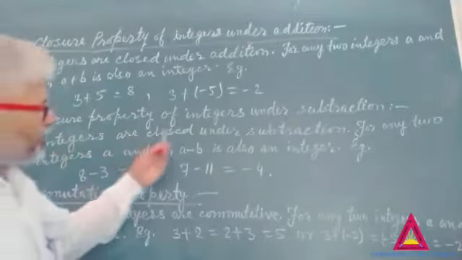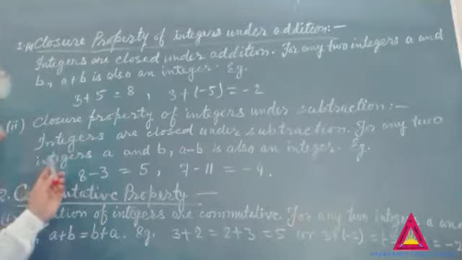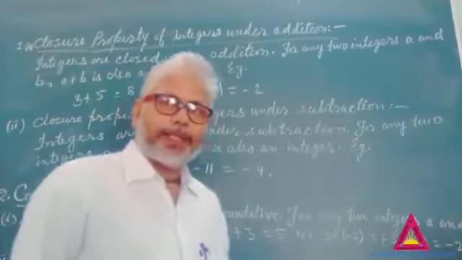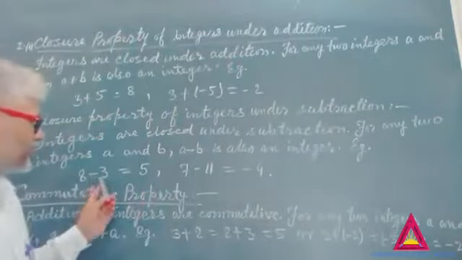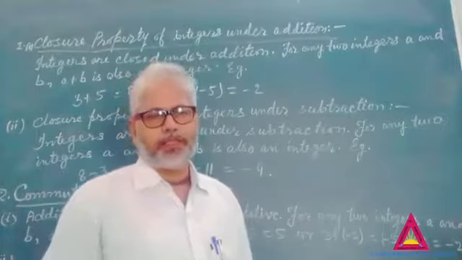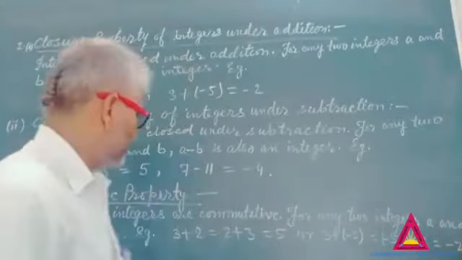Next, closure property of integers under subtraction. Integers are closed under subtraction, which means for any two integers a and b, a minus b is also an integer. When we subtract any two integers, we obtain a result that comes under integers only.